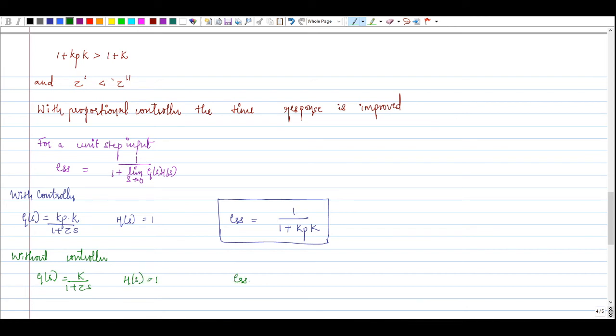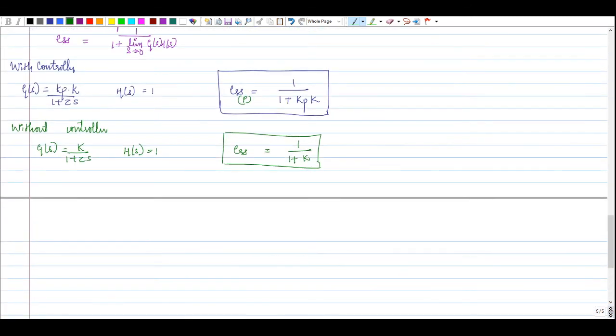So the steady state error ESS is equal to 1 divided by 1 plus K. So here you can see that, this I'll take as with proportional controller, and this is without proportional controller. ESSP is with proportional controller and ESS is without proportional controller.